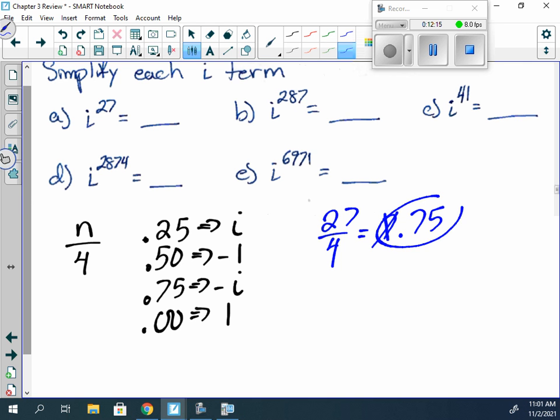We don't really care about the 6. We want this 0.75, which matches up with -i. Because again, we're really matching them up with the decimal numbers. Is there another one that we want to look at?